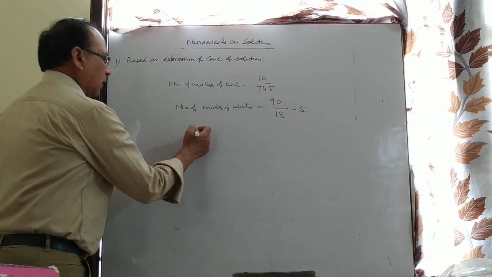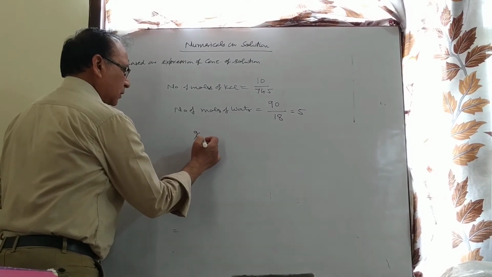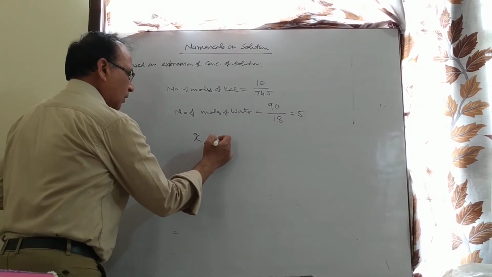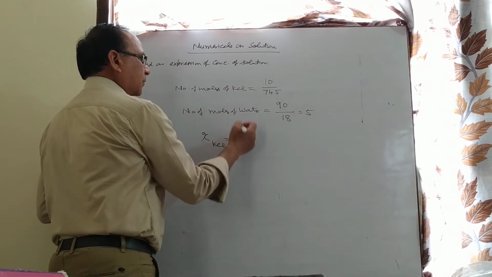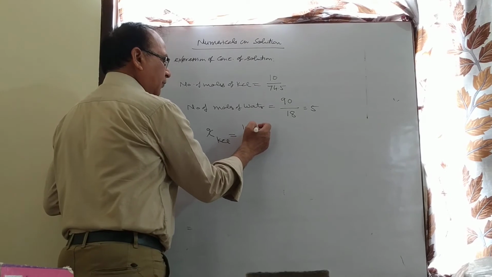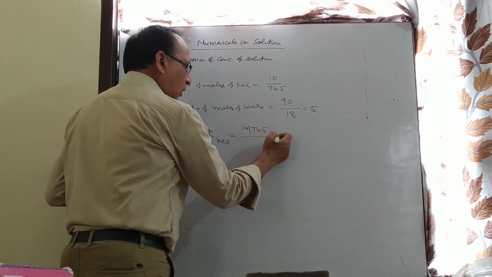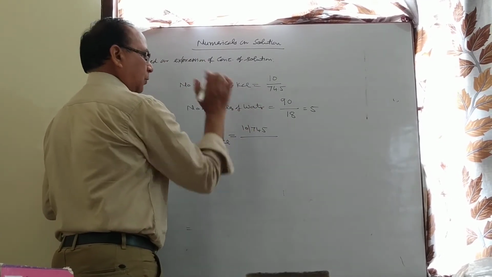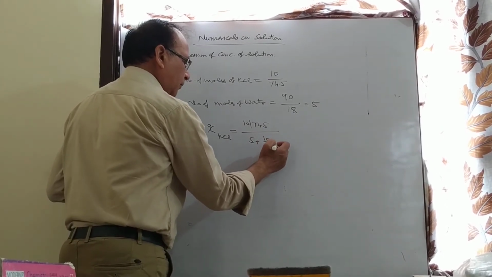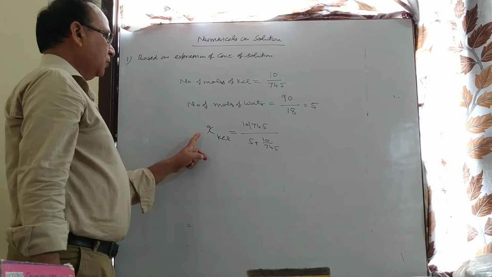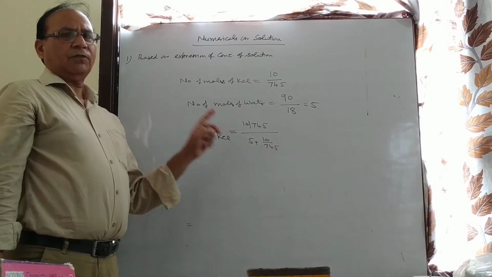So if you want to calculate mole fraction of KCl, what we have to do is take the number of moles of KCl, 10/74.5, in the numerator, and in the denominator we add the moles of both, so 5 plus 10/74.5. In this way you will calculate mole fraction of KCl.